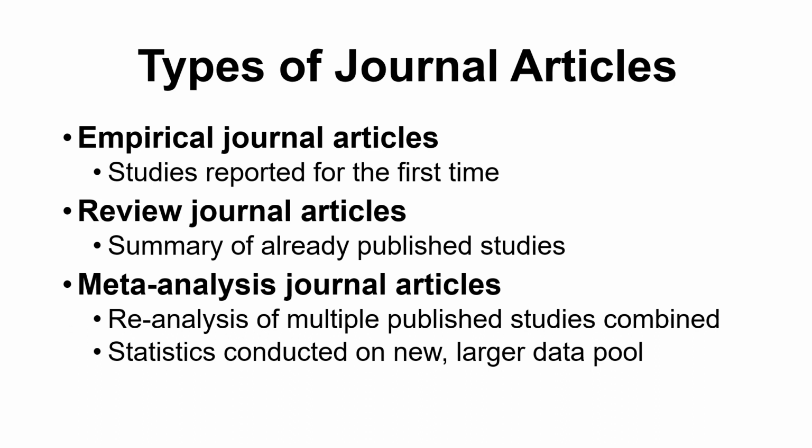So they'll get a bunch of data sets from existing research, combine them, and then make sort of broader statements. And we've mentioned in some other places that having a larger sample size can be beneficial for your statistics. And so by pulling from multiple different sources, you have multiple samples that you can condense to give you those outputs. So we get our statistics conducted on a new, larger data pool.